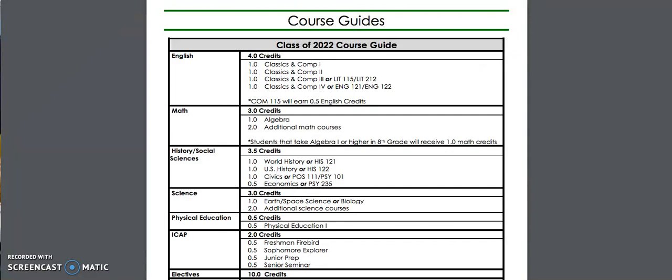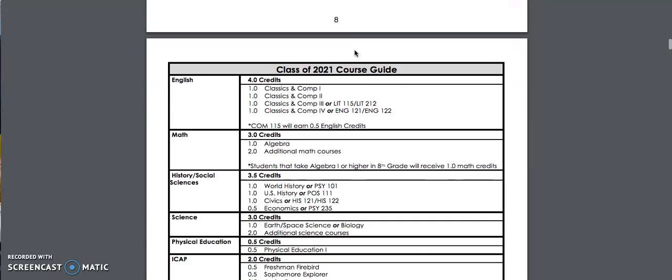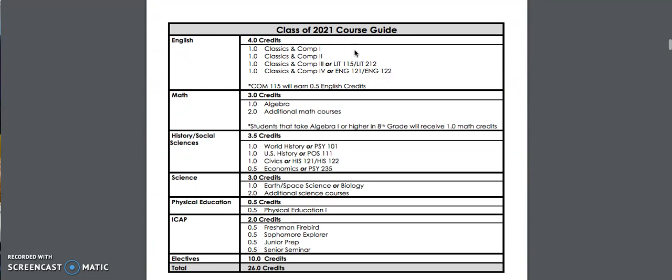A few more important pages are pages 8 through 11, where we have our course guides. And so you'll need to make sure that you find your cohort. And so what class are you a part of? Are you an incoming freshman, so you're part of the class of 2022? Or as you scroll down, you will find the grade level you're in. And this really just outlines how, if we go one subject area at a time, how do I get those 4 credits of English?